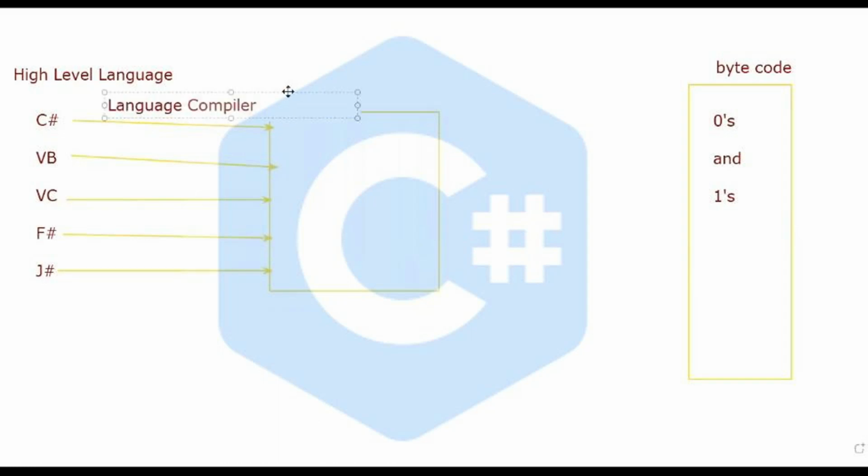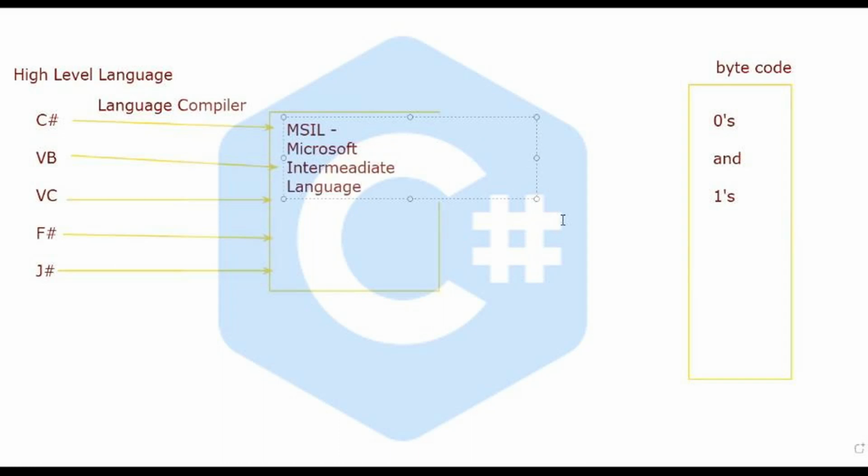This language compiler will compile the high level language and convert it into a middle level language called MSIL, which stands for Microsoft Intermediate Language. We also call it CIL, Common Intermediate Language, or IL, Intermediate Language. For each language there will be a different compiler, not the same compiler.